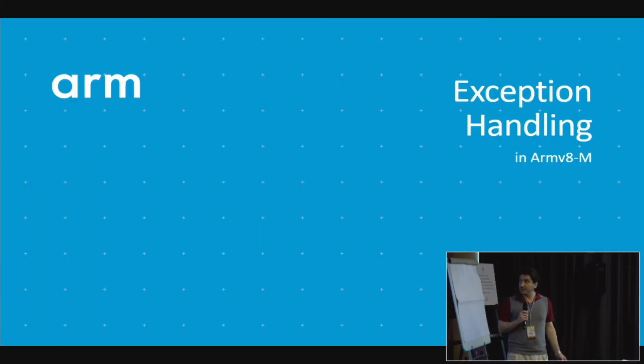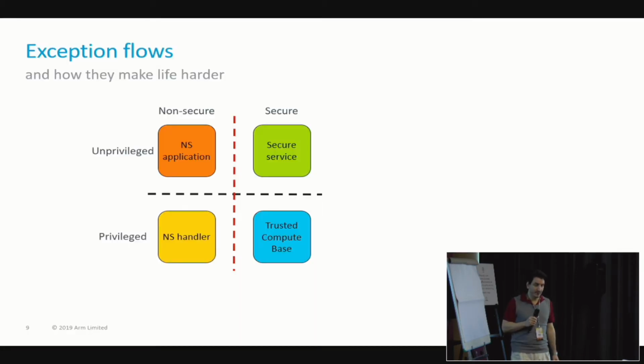So, as promised, I want to take a closer look at exception handling and the various scenarios that come up. And this is geared towards the single core use case because that presents the most challenges in this respect. We have all the players on a single processing element. We have the non-secure application.